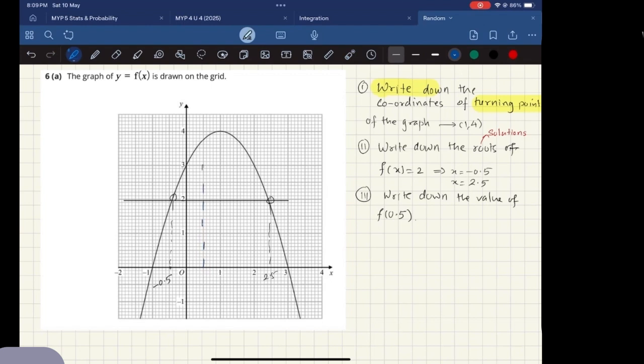You can use a ruler for this. I guess this is coming out to be somewhere around 3.8 approximately. Right? Okay.